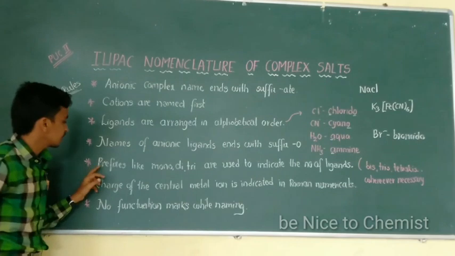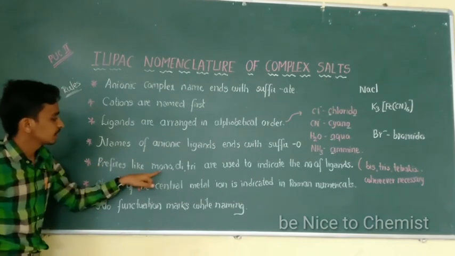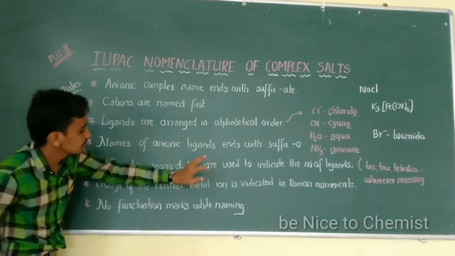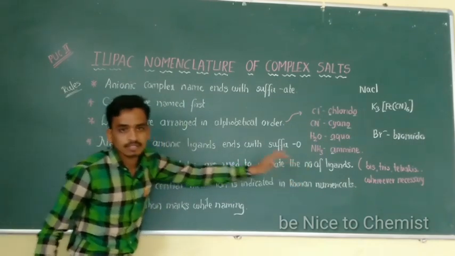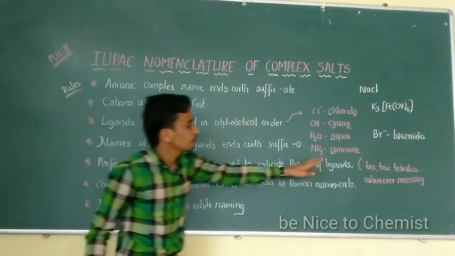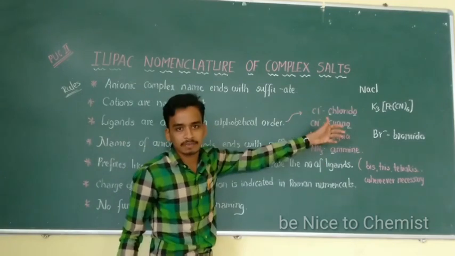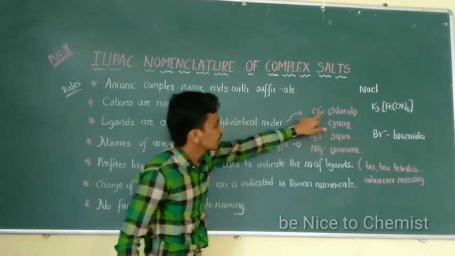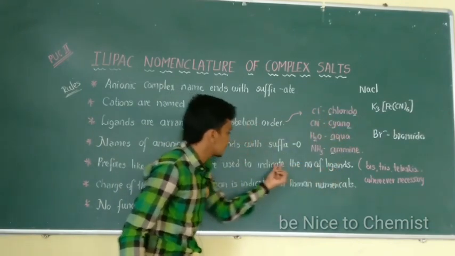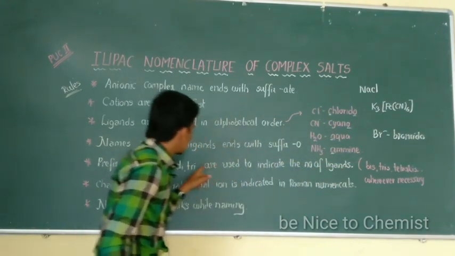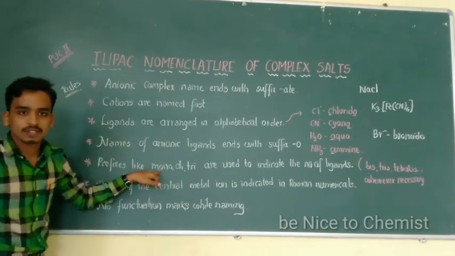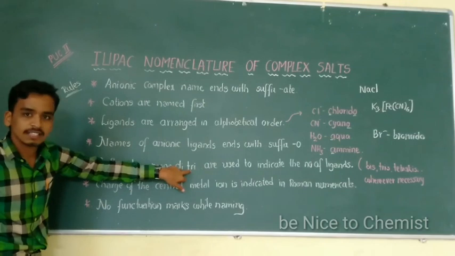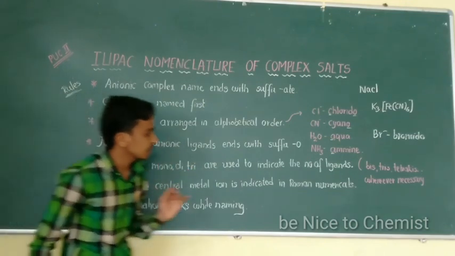And next one is prefixes like mono, di, tri, which can be used if more than one ligand of the same type is present. Using the Greek letters, mono is for single, the next one di or bi, the next one tri, for three ligands.